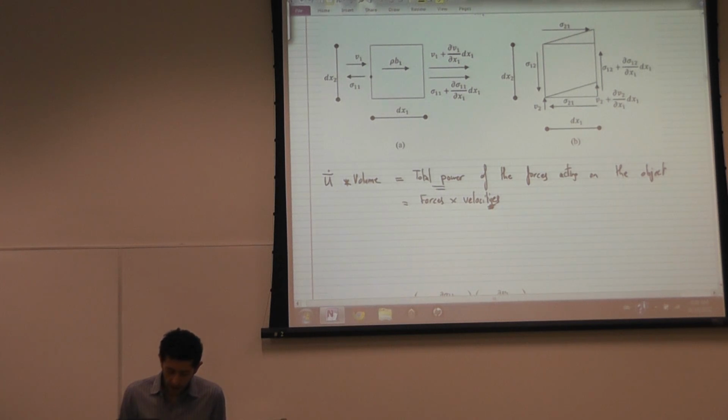So if this face has stress sigma 1,1, then the other face has stress sigma 1,1 plus a little bit more. If this face is moving horizontally with a velocity v1, then this face is moving with a velocity v1 plus partial v1 by partial x1 dx1.